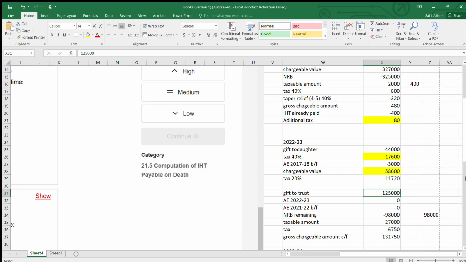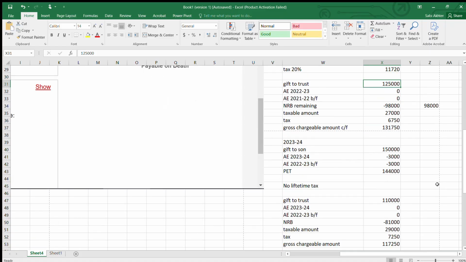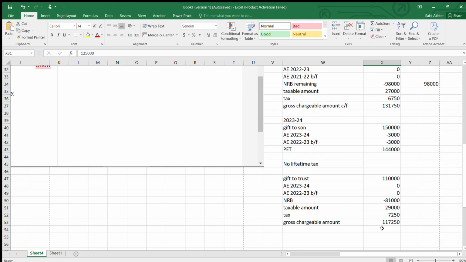There is no nil rate band available because you have utilized it already by the previous gift, because it falls in the 7 years. Now we don't have any nil rate band, so the taxable amount is 125 on which we have to pay tax.